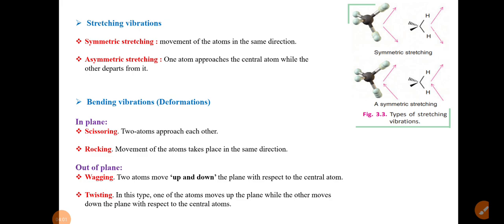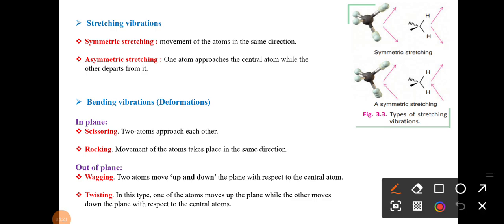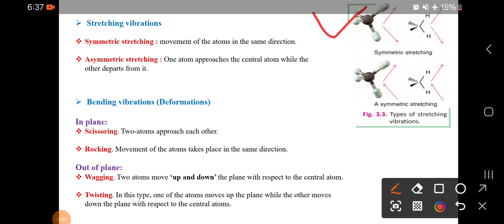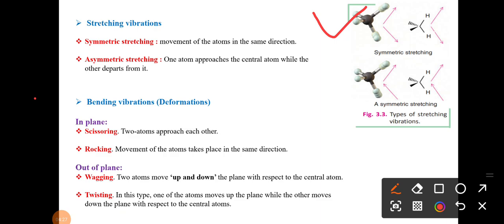There are different vibrations in IR spectroscopy, mainly two types. The first one is stretching and the other is bending. In stretching, again there are two types, symmetric and asymmetric. The symmetric is the movement of the atoms in the same direction, as you can see in the diagram.